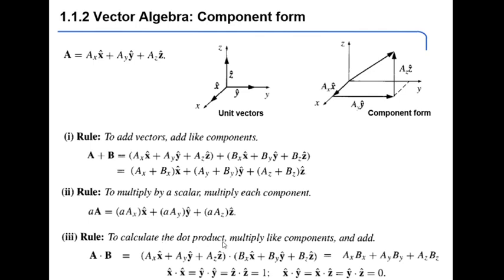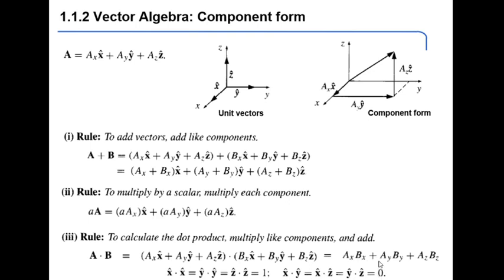Similarly, to calculate a dot product between them, A dot B, as we have just seen in the example, AX x cap plus AY y cap plus AZ z cap dot with BX x cap plus BY y cap plus BZ z cap. I will be looking only at x cap, y cap and z cap dotted with themselves, which is equal to 1 because cos 0 is equal to 1, and the orthogonal components come out to be 0.